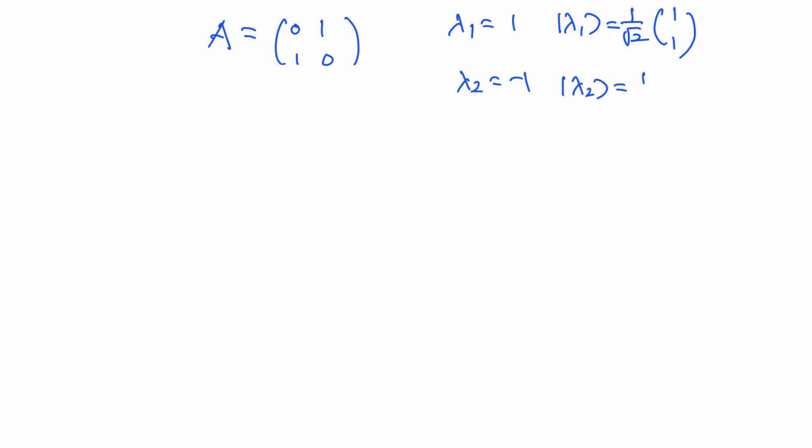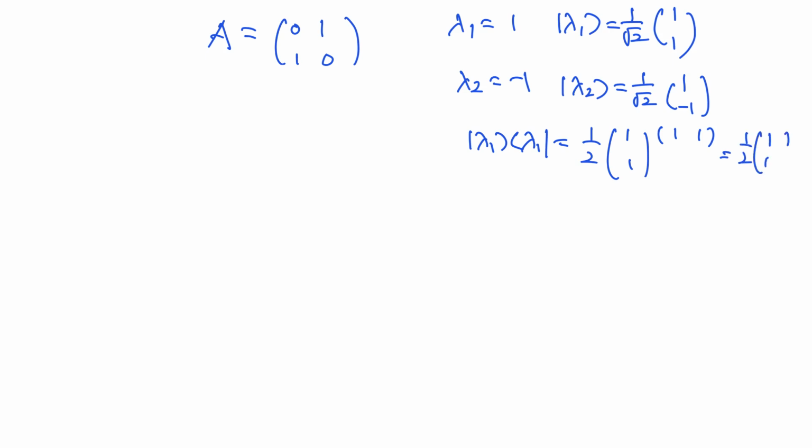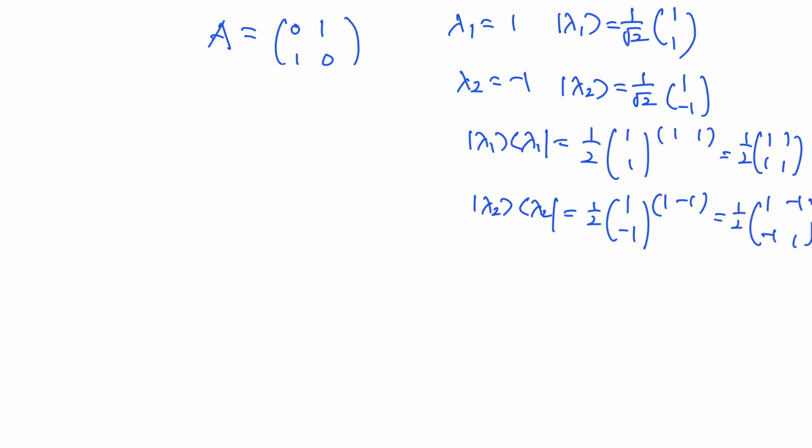Eigenvector is 1 over square root of 2 times 1, minus 1. So the projector for lambda 1 is one half times 1, 1, 1, 1. The projector for lambda 2 is one half times 1, minus 1, minus 1, 1, right?